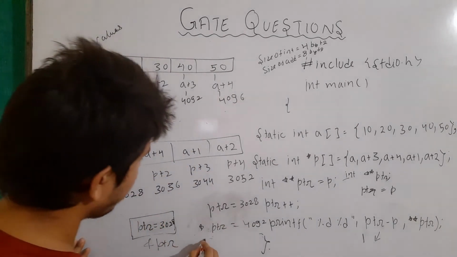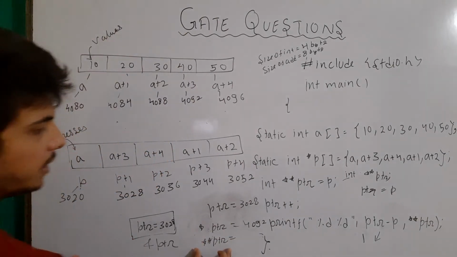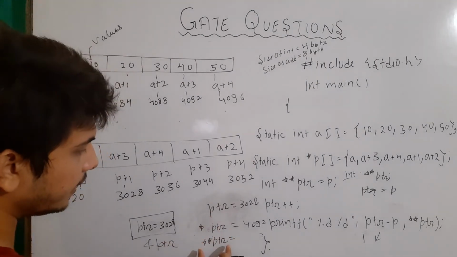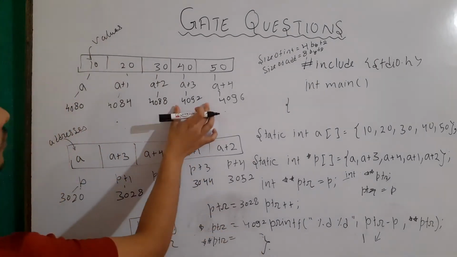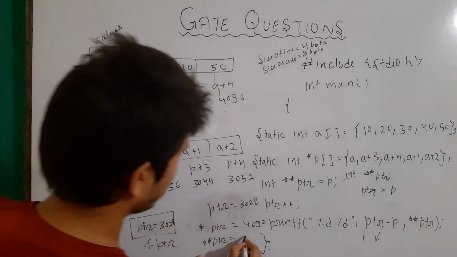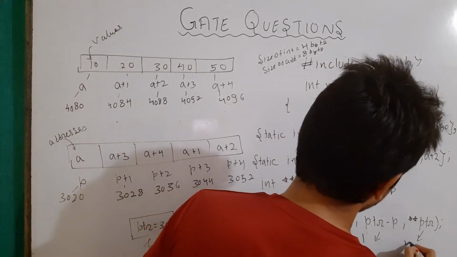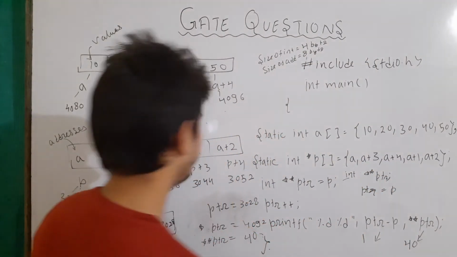Now we are doing double asterisk ptr, right. So first we dereference this address, then we are dereferencing this address, right. So what is present in this address, it is 40. So it will give me output as 40. So this will give us output as 40, and our final output will be 140, right.